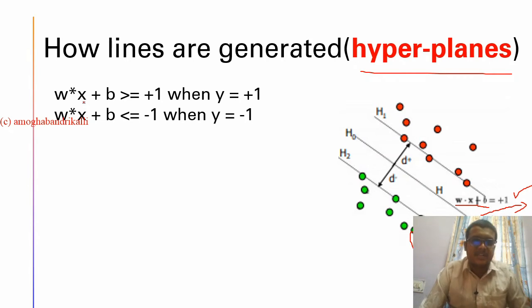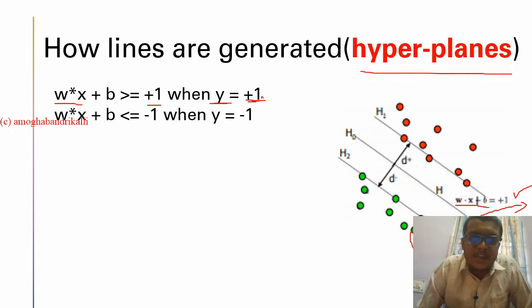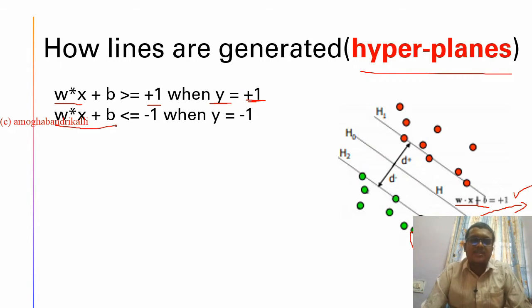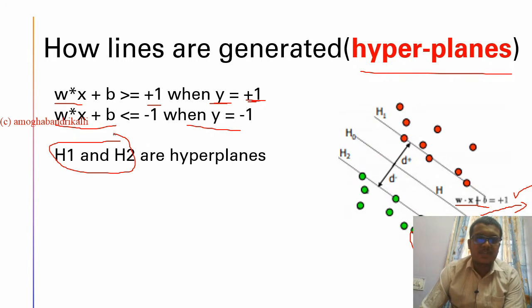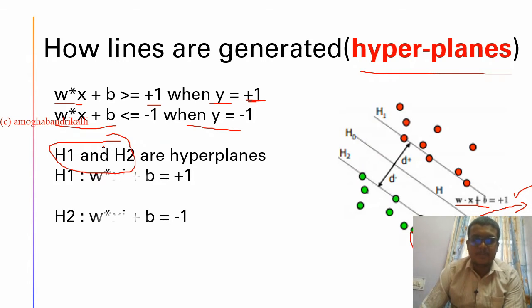So how is it generated? w into x plus b will be greater than or equal to plus 1 when the label is plus 1. And w into x plus b will be less than or equal to minus 1 when y is equal to minus 1. So H1 and H2 are the hyperplanes here.